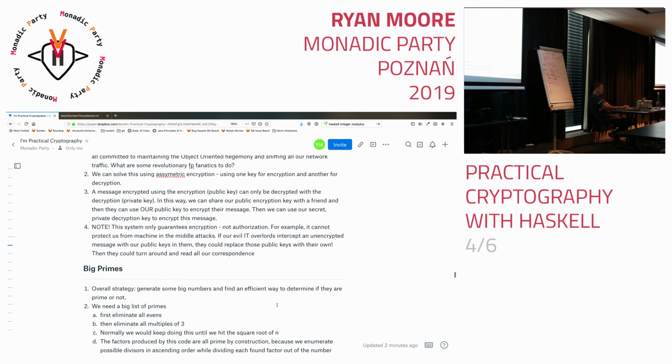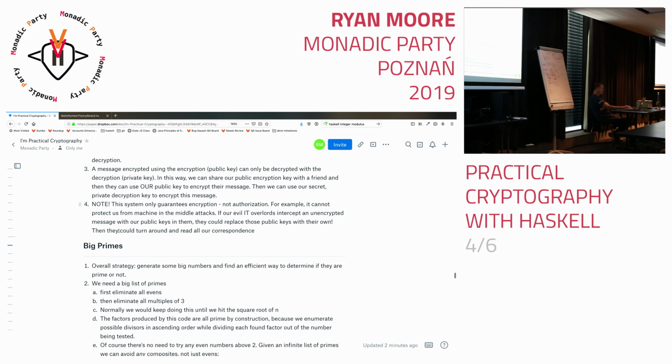And then you can use that private key to decrypt the messages that are coming in. I do want to note here that this system really only guarantees encryption, not authorization. So it doesn't guarantee identity.